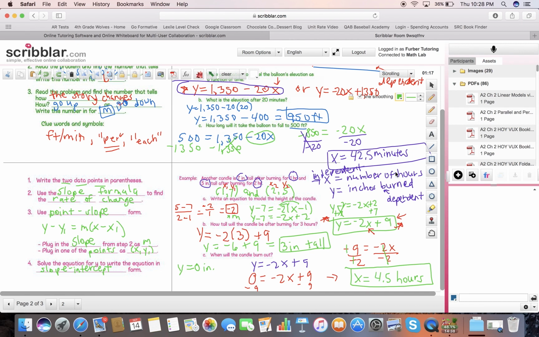Okay? So linear equations are kind of tricky. We have to be very careful that we first of all identify what is our independent variable and what is our dependent variable. That's a very important concept as we're trying to figure all this out. So you're going to be asked to do some more examples.